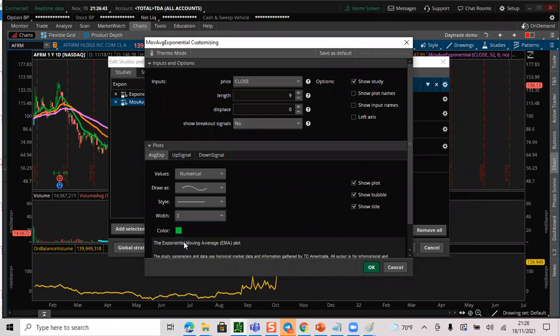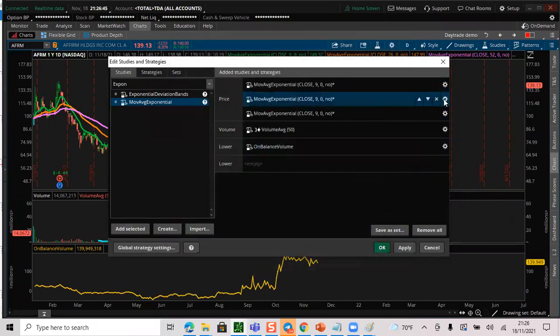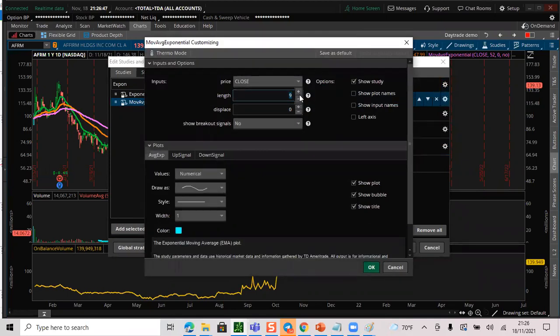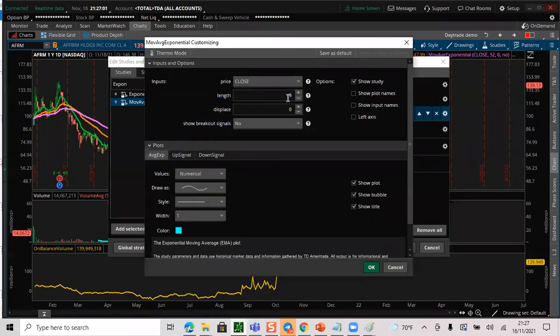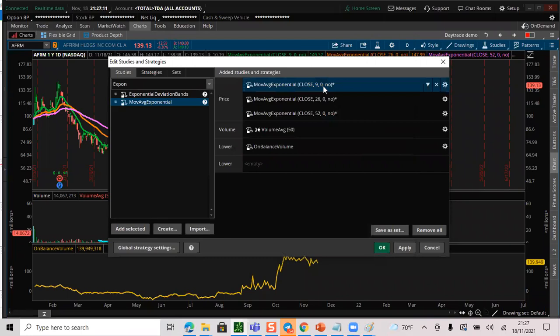I'll just increase the thickness. 26 as my lighter red. 52 as my darker red. And I apply. Yep. I just did 9, 26, and 52.